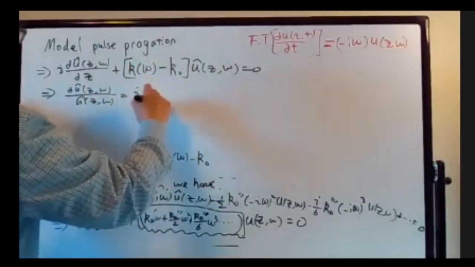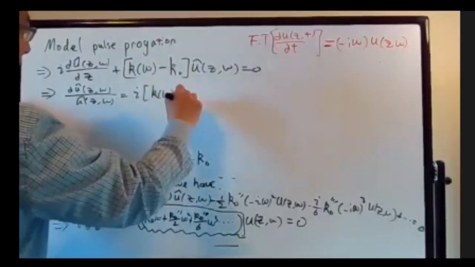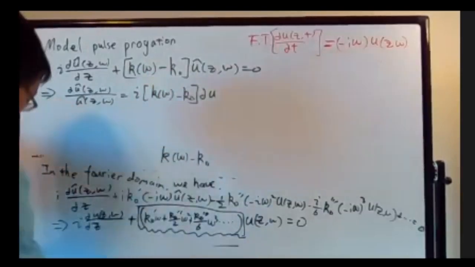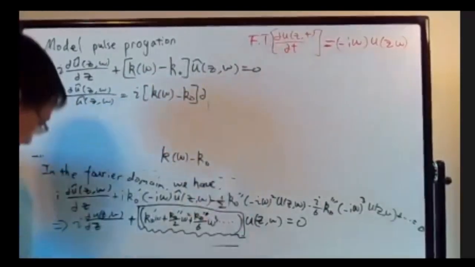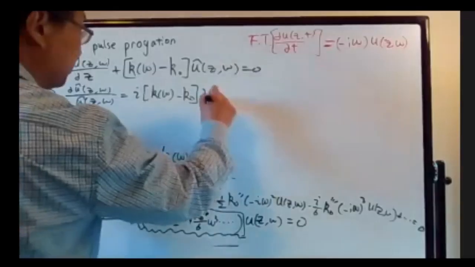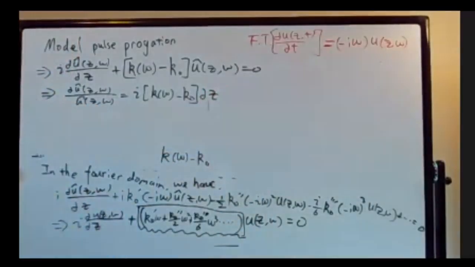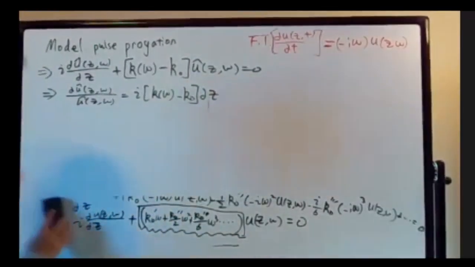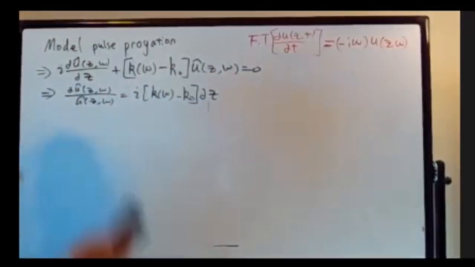So it's I k omega minus k naught, and then partial z, right? So now this is a much better way of writing this equation. Okay, questions?